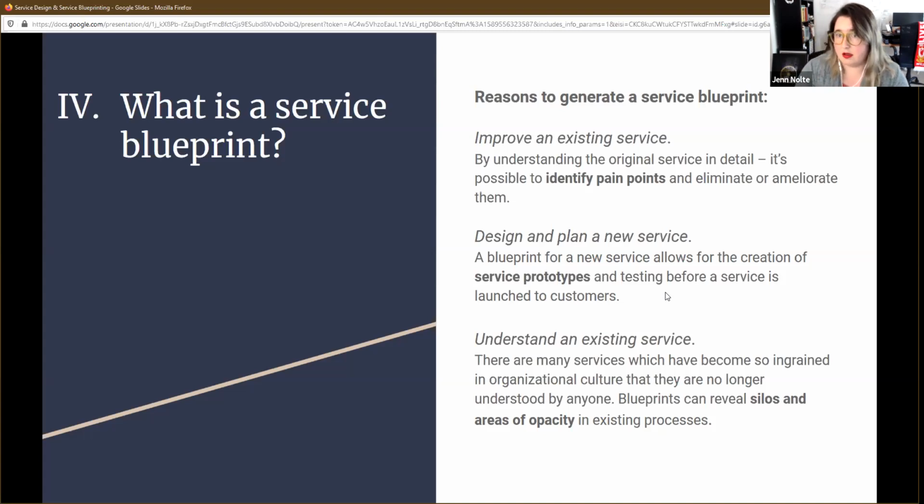And also, remember, it's a communication piece, so you can take that model and bring it around to other groups that you might be collaborating with in that service, and say, well, this is what I think the service might look like from the user's perspective, and here's where I think your department might come in, and here's where I think my department might come in, and here are the pain points, and here are the this and the that.